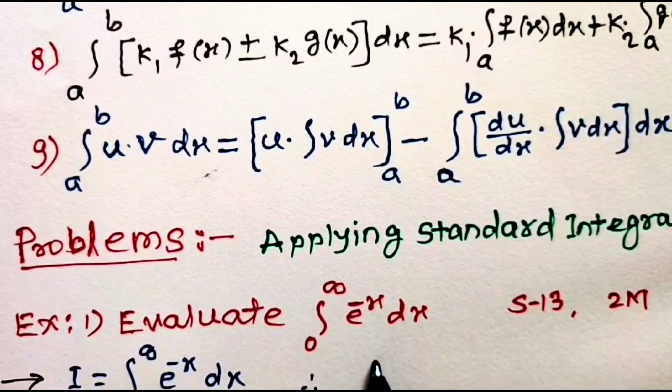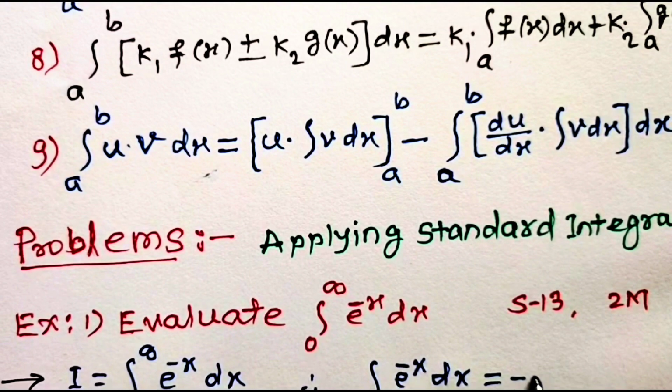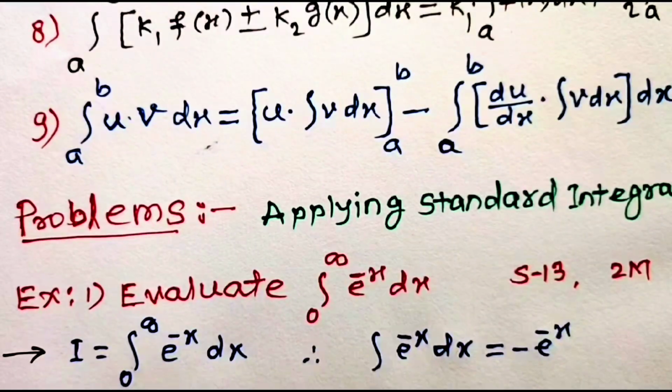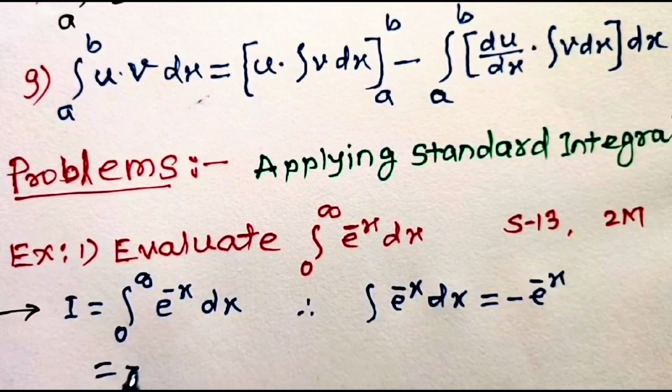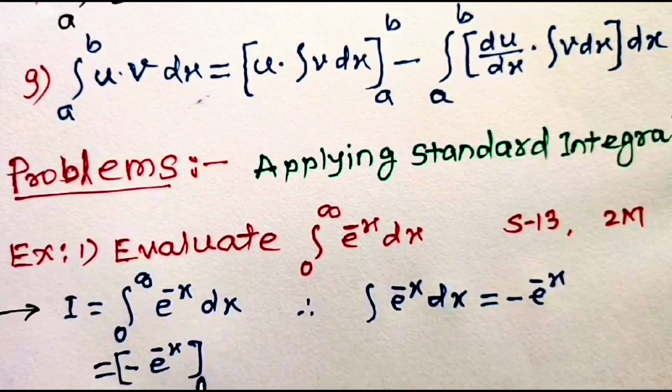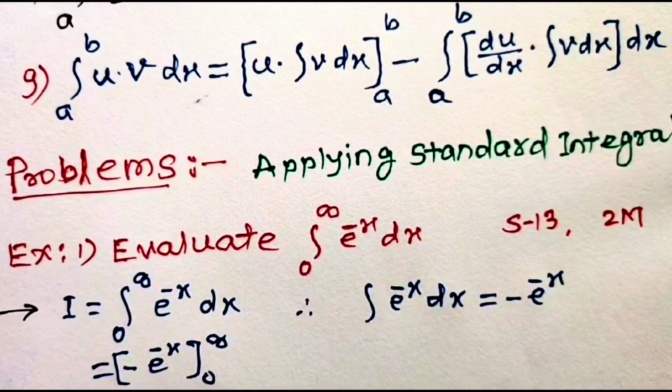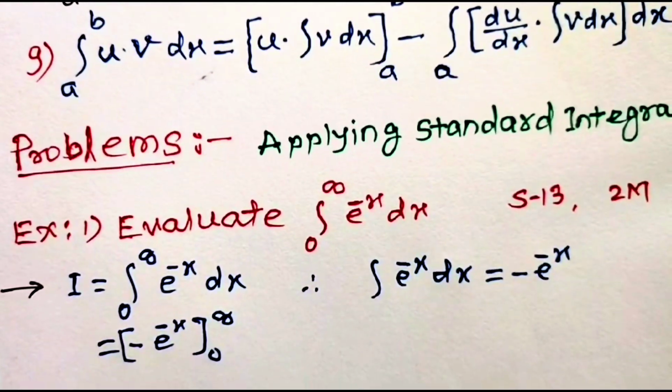But you know the integral of e to the power minus x is what? This is minus e to the power minus x. So this can be written as minus e to the power minus x in square brackets with limits from 0 to infinity, by the definition of definite integral.